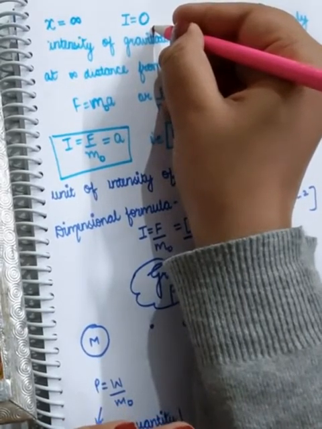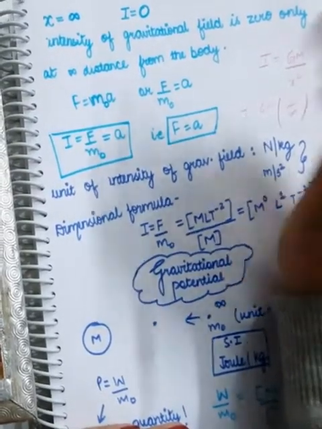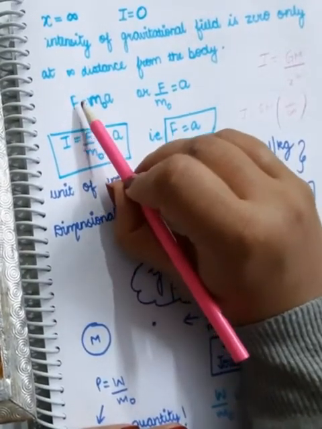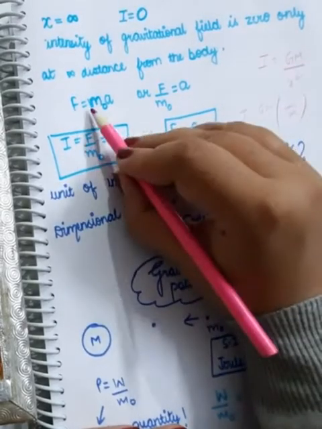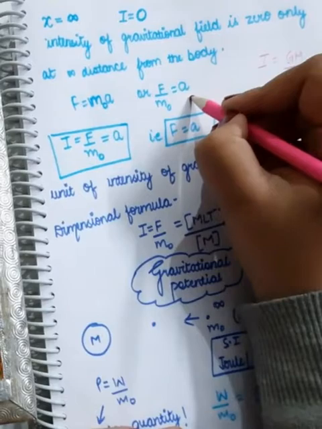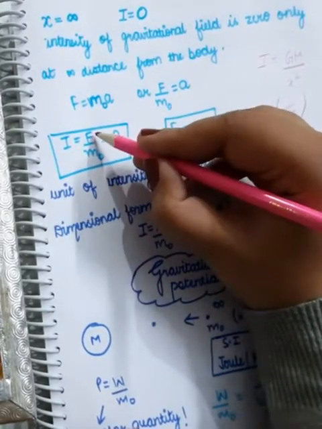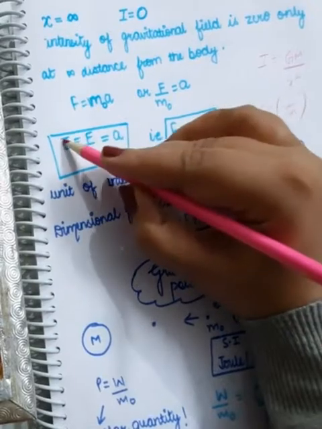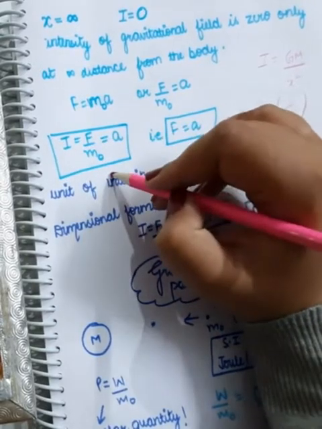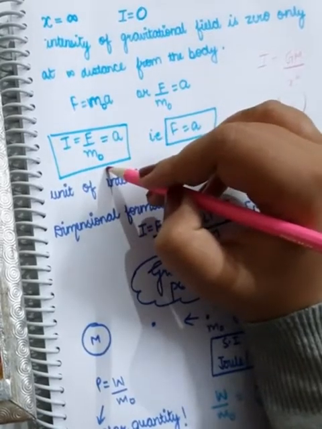Okay. Also, I is equal to GM by x square, right? This force is equal to m naught into A. Okay. F upon m naught is equal to A, acceleration, and intensity was said, we said that intensity is equal to force experienced by per unit mass. Force experienced per unit mass.